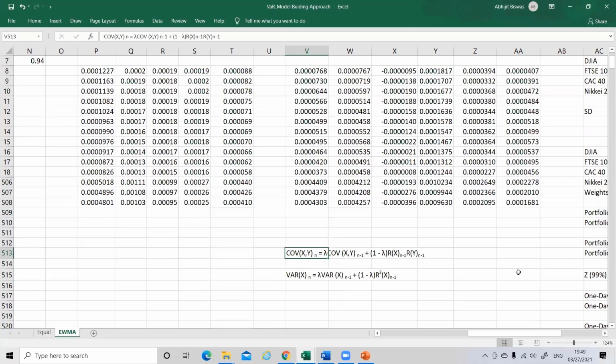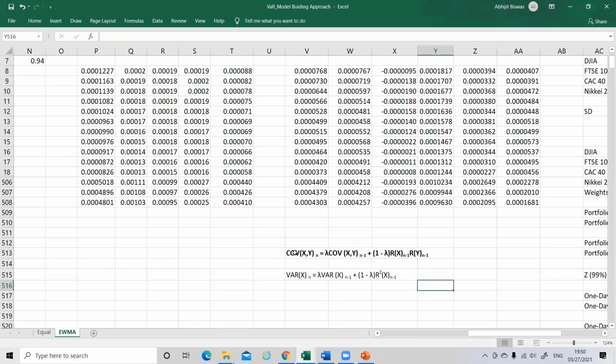Formula says covariance between two variables, say X and Y, on day n is equal to lambda into covariance between X and Y on day n minus 1 plus 1 minus lambda into return on X on the previous day multiplied by return on Y on the previous day.